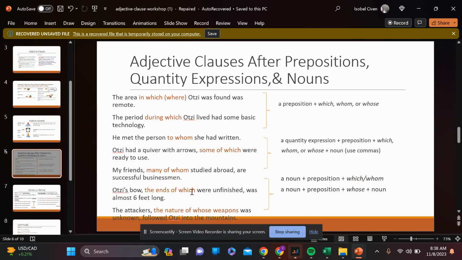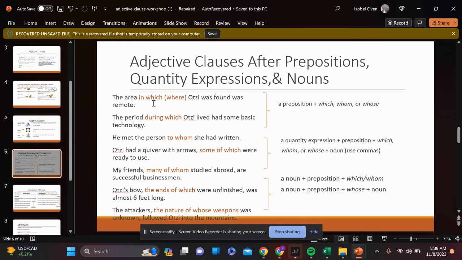Okay, some more things, and this gets really advanced: in English, we prefer that you use the adjective clause after the preposition. This is the most formal English. You can say the area in which Otzi was found was remote, or the area where Otzi was found was remote. You can also say the period during which Otzi lived had some basic technology.